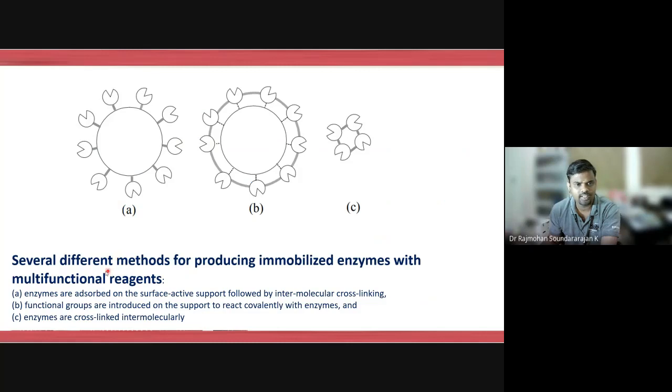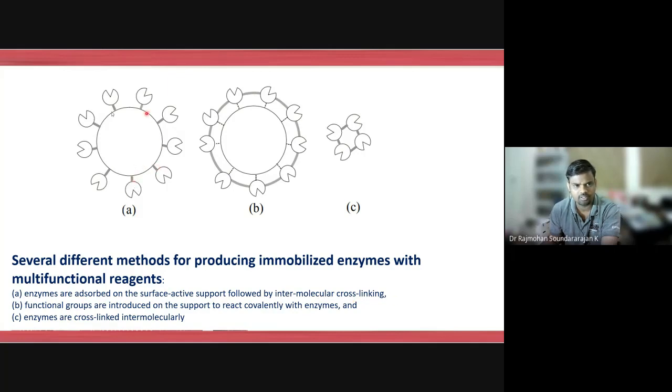So if you look at this diagram, there are different ways the enzyme can be attached to the support. Okay, you can see that it is like adsorption. There is nothing going into the support. So if this bigger circle is the support, and this piece taken out, let it be the enzyme. So enzymes are getting attached covalently to the surface of the support. We can see enzymes are adsorbed on the surface active support, followed by intermolecular cross-linking.